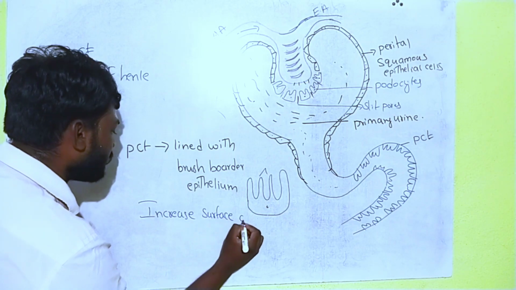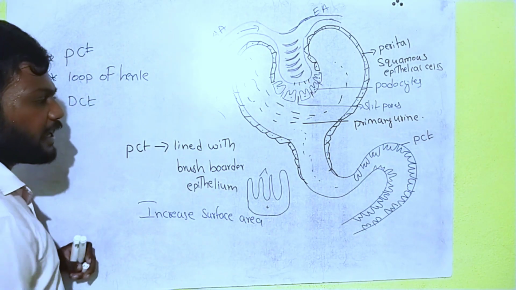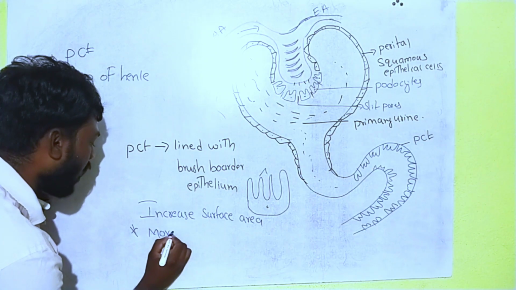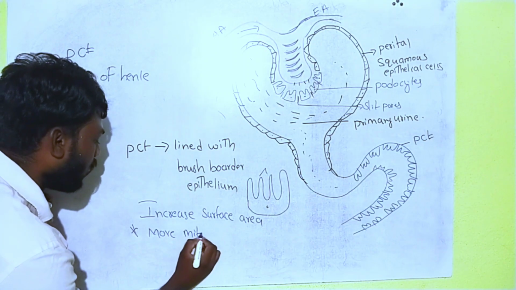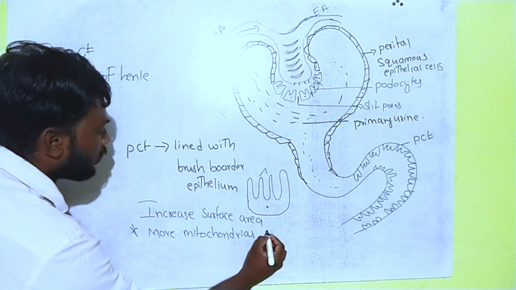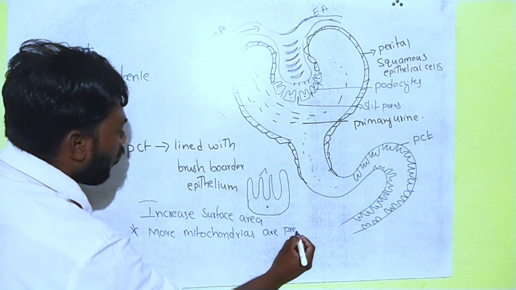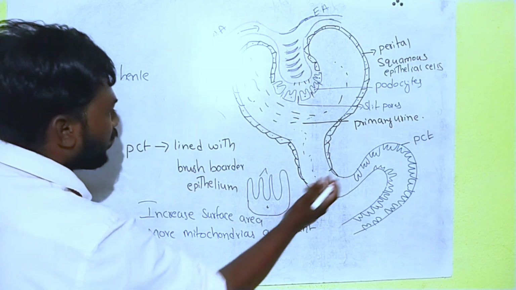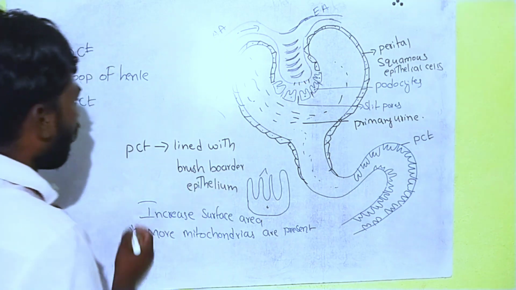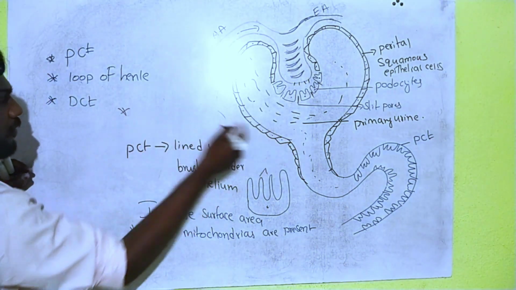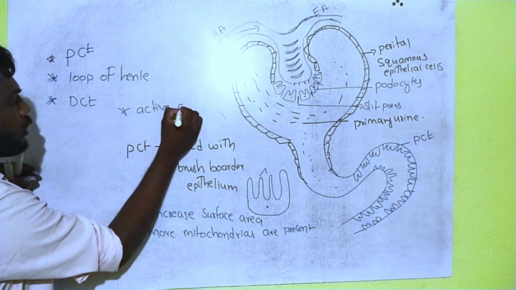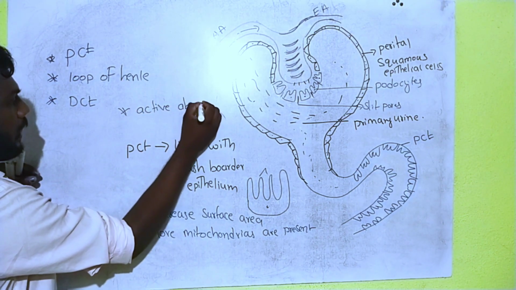The next point: in this cell, more mitochondria are present. Why? Because in the brush border epithelium cells there are more mitochondria, because in the PCT region active absorption takes place.